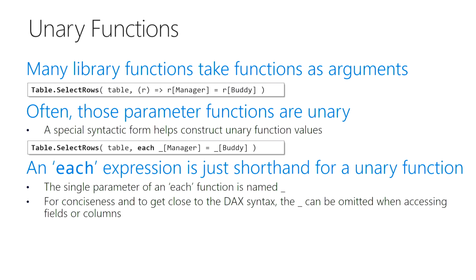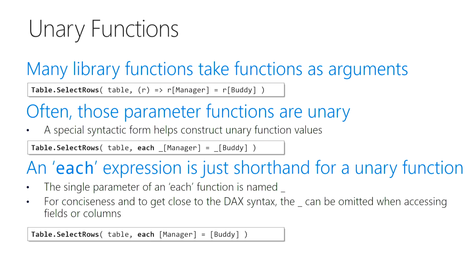So what they've added is this special syntactic thing called each, which basically replaces that "r goes into" syntax, right? And then you have underscore to represent that parameter that was passed in, so in this case, the row. And then finally, for conciseness and to make it closer to the DAX syntax, you can actually omit the underscore. It's sort of implied. So when you do each [Manager] = [Buddy], that means for the current row, compare Manager equal to Buddy.